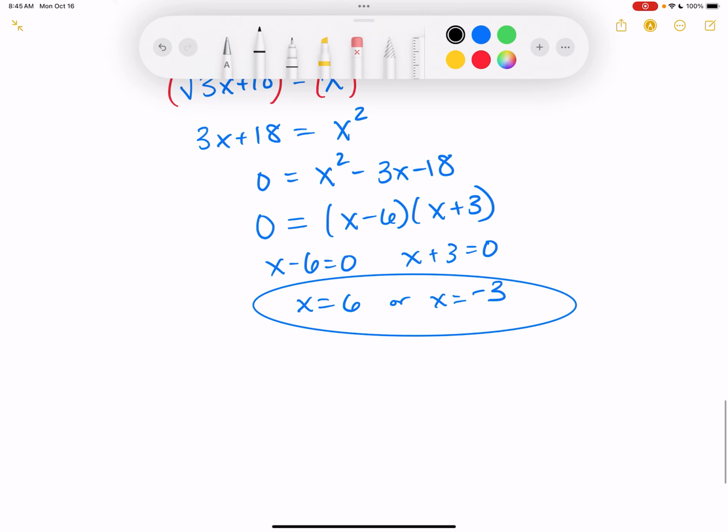Let's see, 50. The square root of 6x plus 7, and then outside of the square root minus 9 is equal to x minus 7.